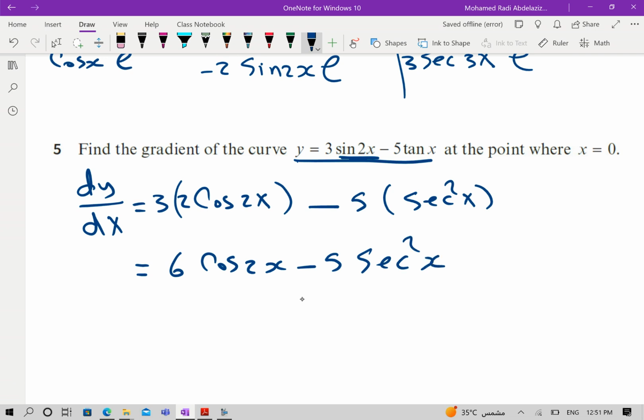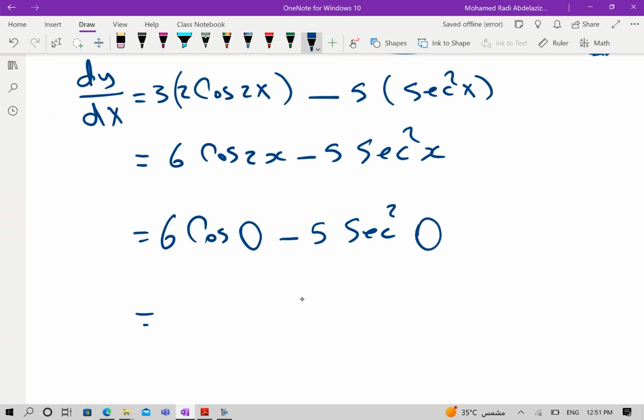He asked to get the gradient where x equals what? 0. 6 times cosine 0 minus 5 sec squared 0. You can use your calculator, but you can get cosine 0, which is equal to what? 1. Cosine 0 is 1.